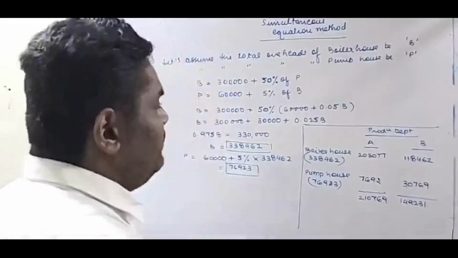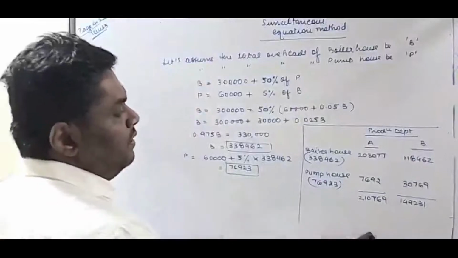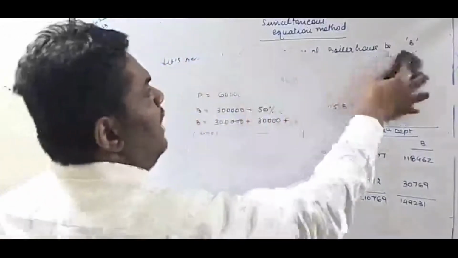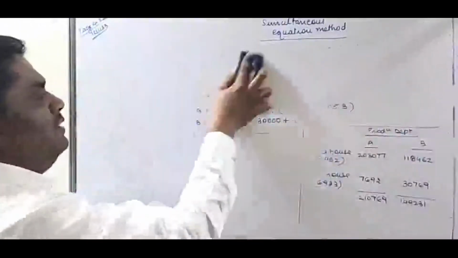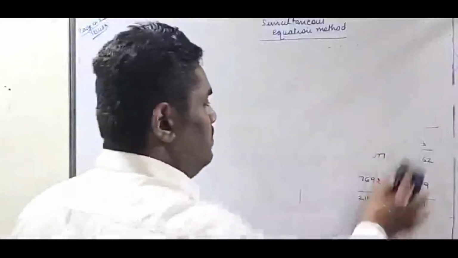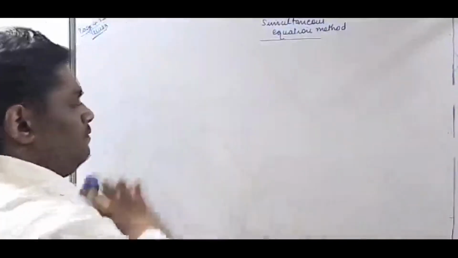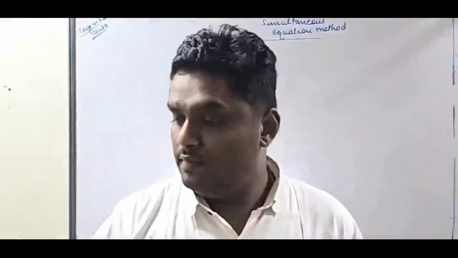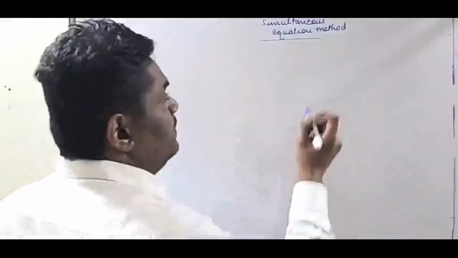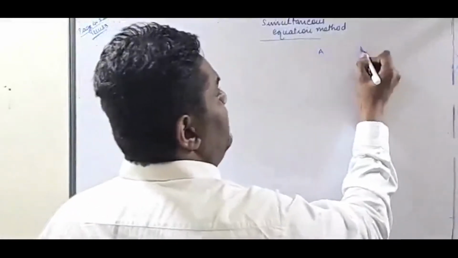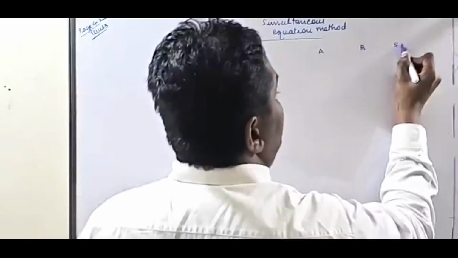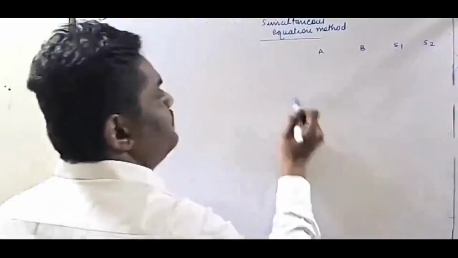So now a question for you guys. I request you guys to solve this question. There are two production departments A and B and service departments S1 and S2.